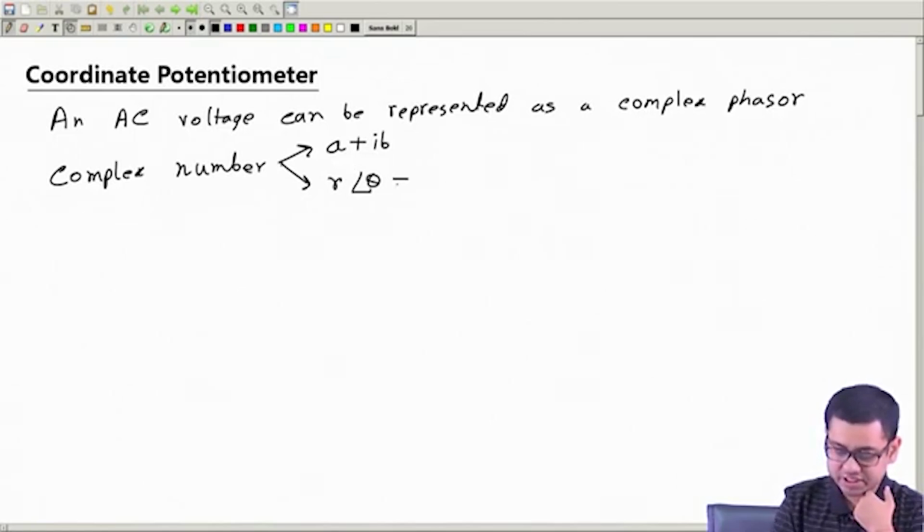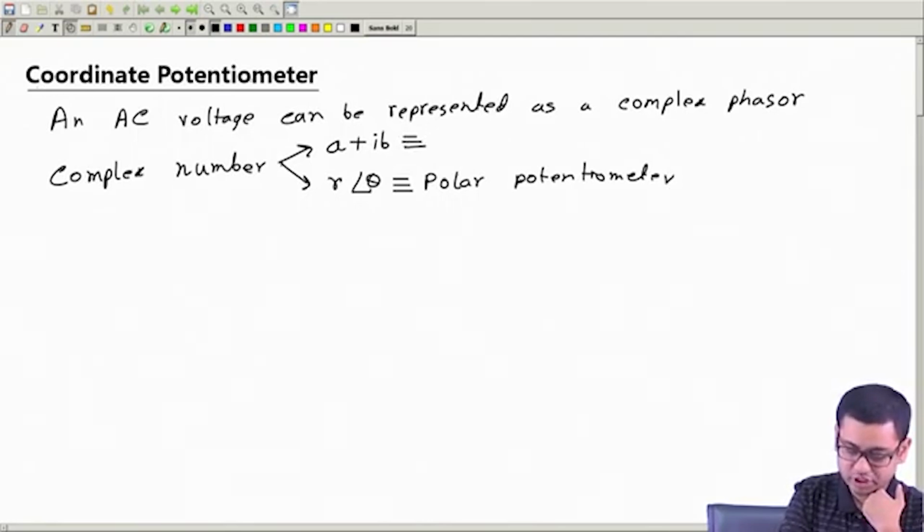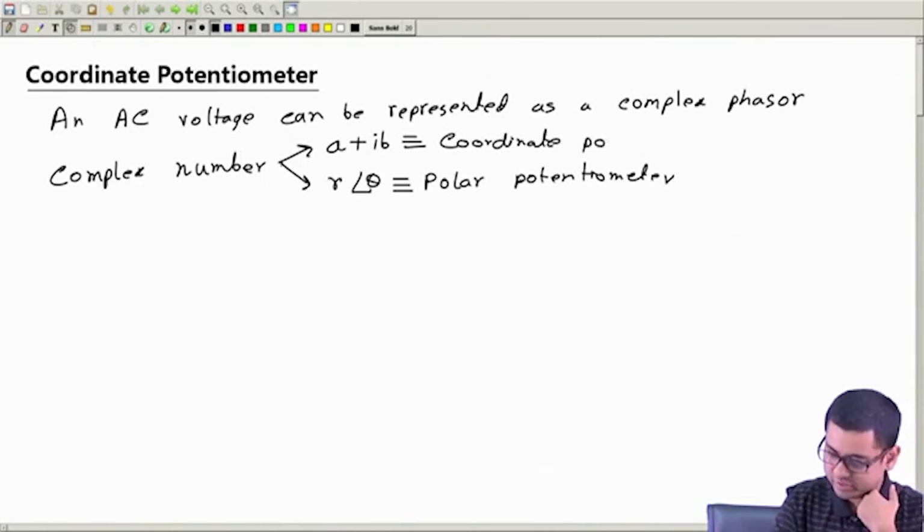So, this representation is the motivation behind the polar potentiometer, because this is also called the polar form of representation of a complex number. And this is the motivation of today's topic, the coordinate potentiometer.